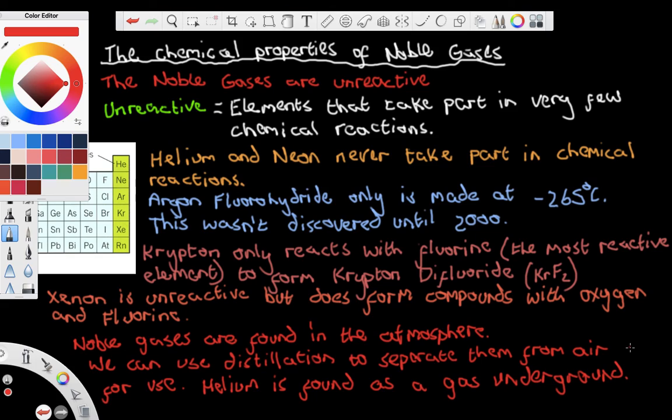And xenon is unreactive, but it does form compounds with oxygen and fluorine. The noble gases are found in the atmosphere as part of the air, which is a mixture, and we can separate these gases from the air using what's known as distillation. Helium is also found as a gas underground, but helium is also found in the air. Okay, helium is found both underground and in the atmosphere.